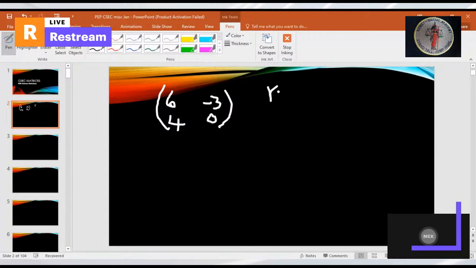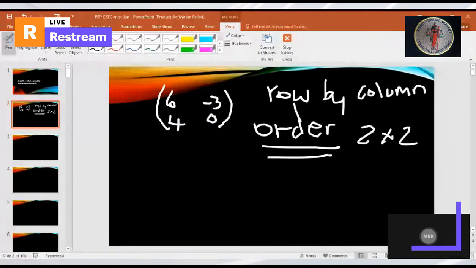That's it. So when we ask for the order of this matrix here, write it. So we have 2 rows, another row, and then we have 2 columns. So 2 by 2 matrix, 2 rows, 2 columns.